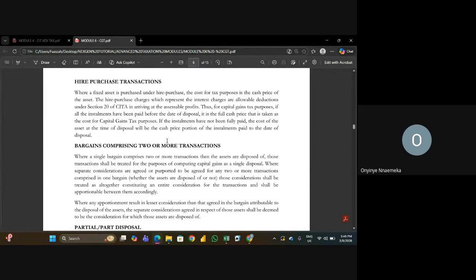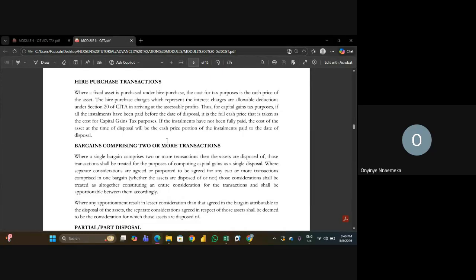But in case where you are still paying the money, you are still paying money, but you have sold the asset. It sounds funny, but it can be like that actually. You are still paying the money. So you're going to prorate. The portion that you have paid is the portion that you will pay CGT on, something like that. There's a calculation on this thing, and the calculation is very crazy.